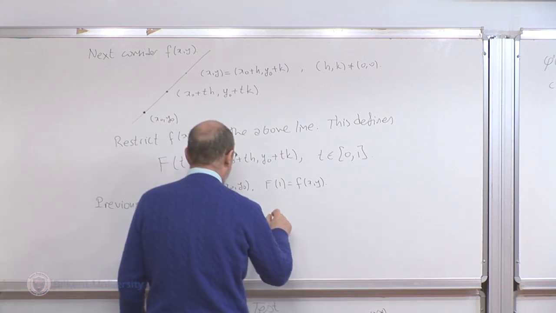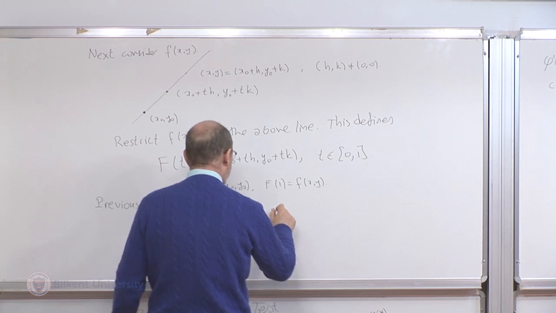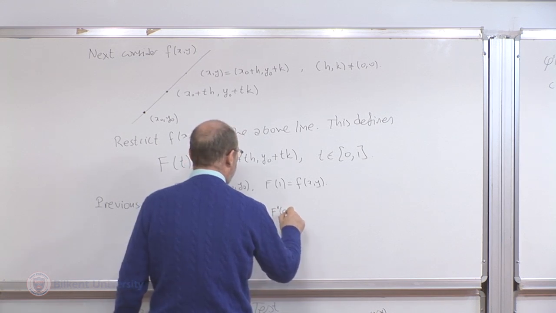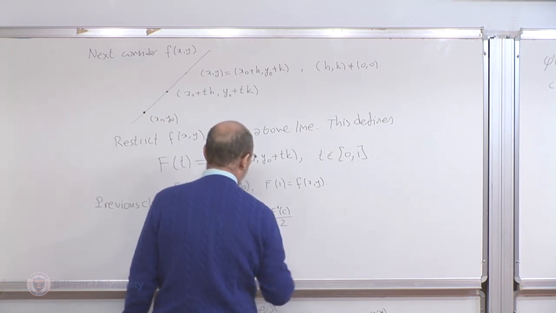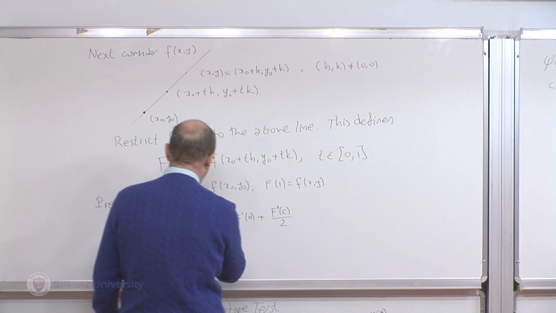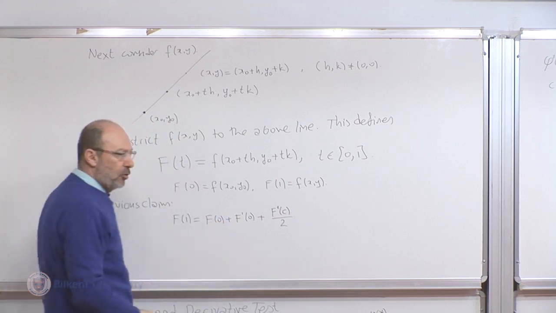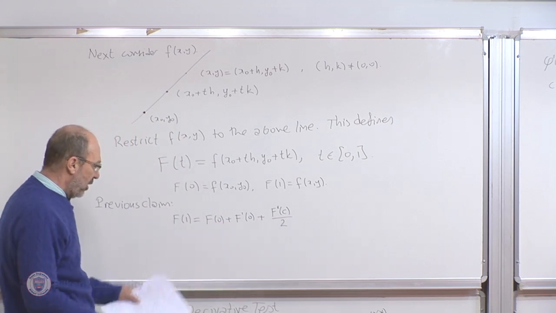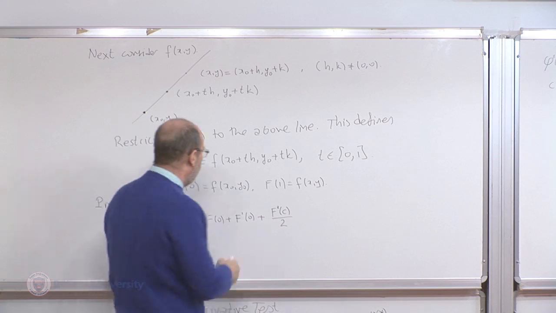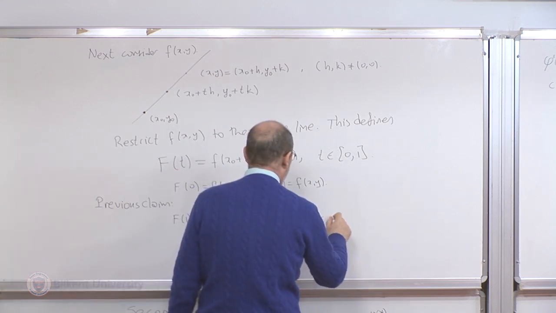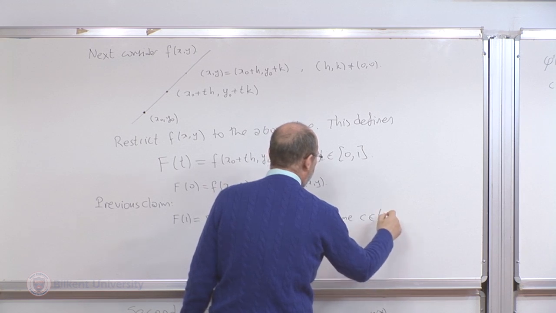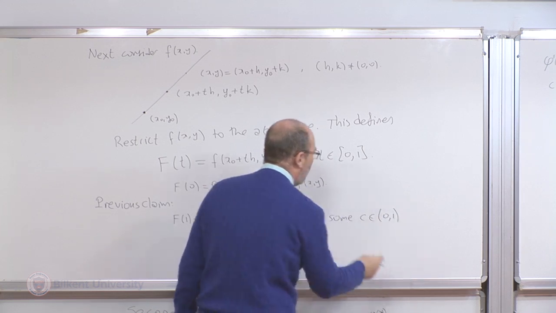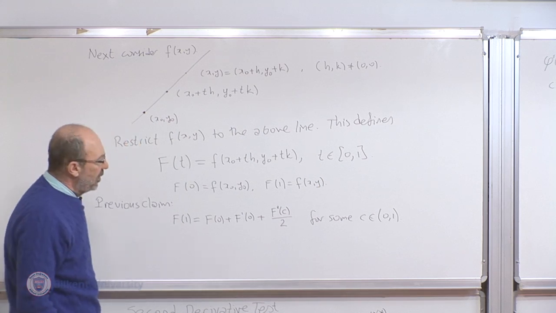Plus the second derivative at an unknown point in between, divided by 2 factorial, times 1 minus 0 squared, 1 squared. So this is the result for some c, and Rolle's theorem says that this is definitely going to be an interior point, so let's stick to that.